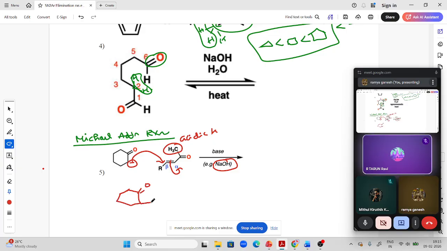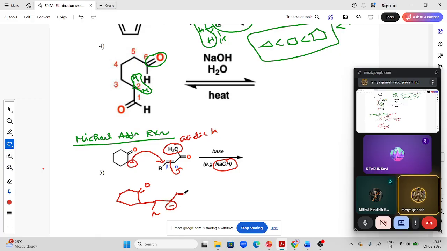So now I'm having this, and this gets a negative charge, double bond and CH3. Now, ma'am, this negative is there. Should I go for a double bond formation here? No. Since it's a negative, because it is happening in an aqueous medium, it would take up an H plus, where this would become neutralized.